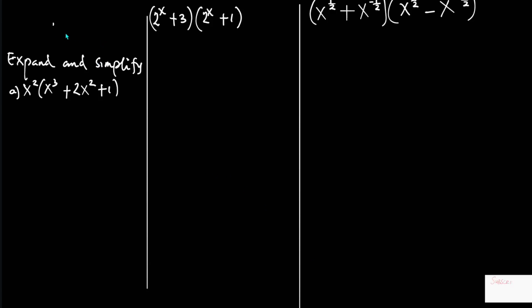In this video we're going to be looking at the algebraic expansion of exponents. Now the expansion of exponents is very similar to the way you will expand your regular expression.